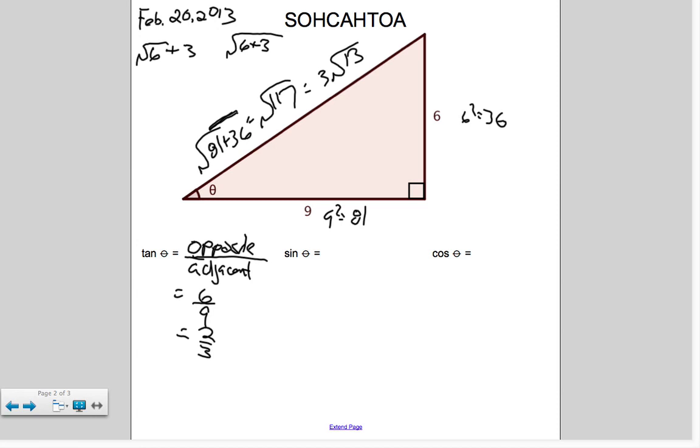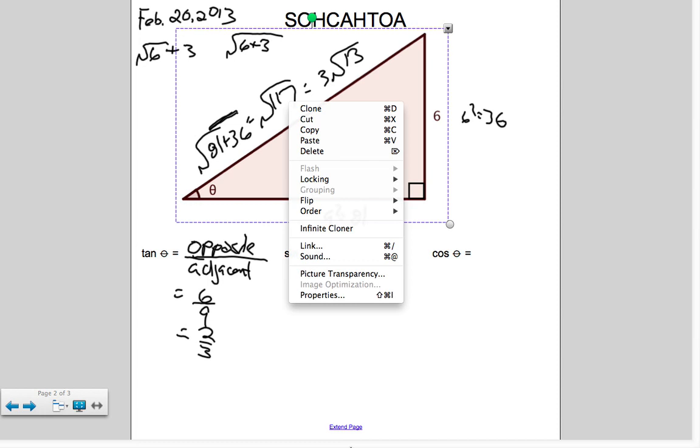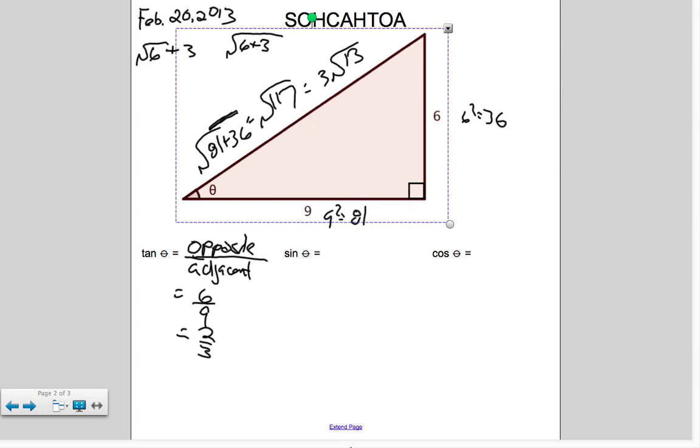You okay there? A little confused on how I got this? Yeah. Square root of 117? Yes. So square root of 117, I got 81 plus 36. 117. I got that from 81 plus 36.